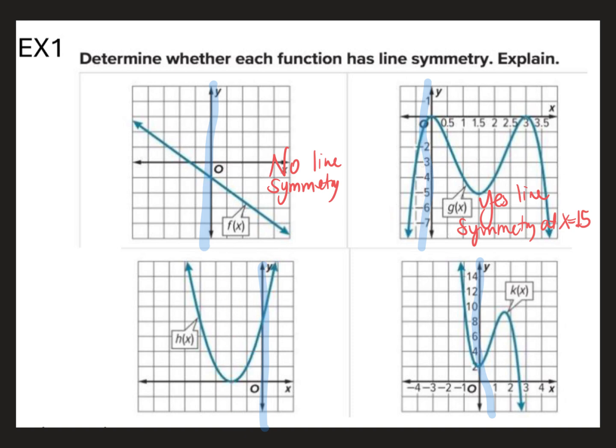So yes, it has line symmetry at x equals negative 2. And then let's look at the last one. Could you draw a vertical line and fold it and have the same graph on each side? The answer is no. There's no line symmetry here.